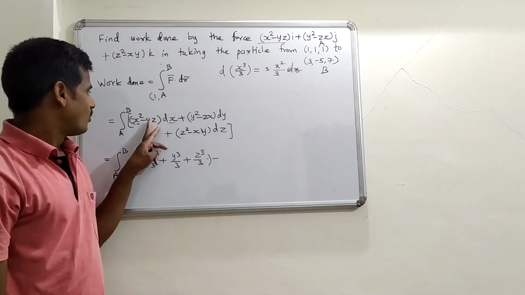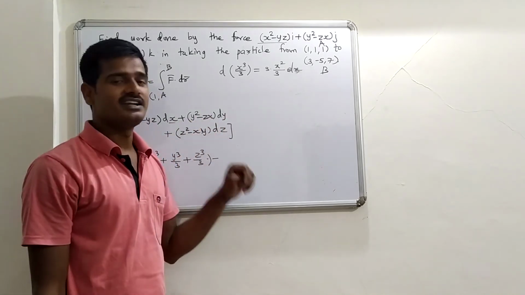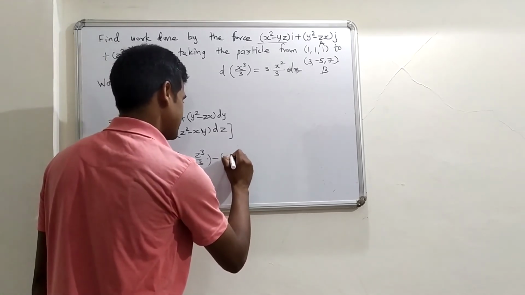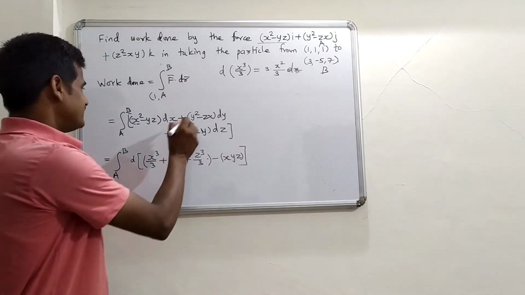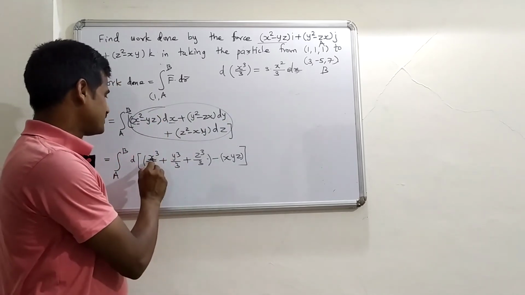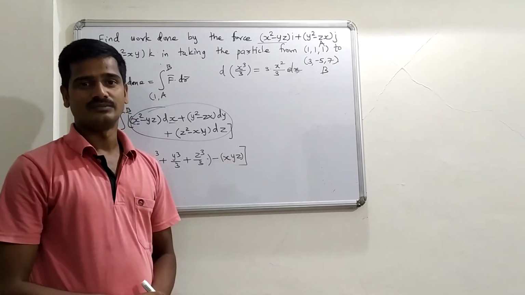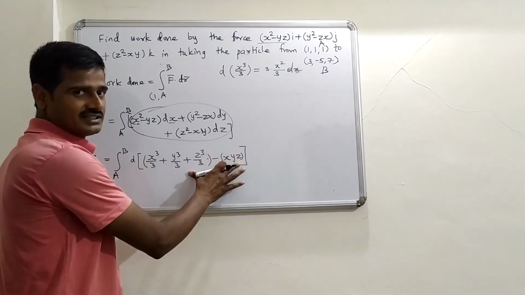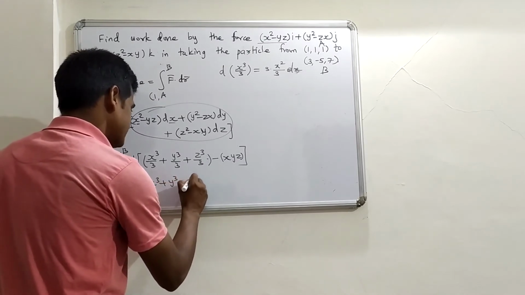Then minus yz dx minus zx dy minus xy dz is the total derivative of xyz. So I will write here xyz, close the bracket. Therefore this expression is the total derivative of (x³ + y³ + z³)/3 − xyz. So the integral from A to B becomes (x³ + y³ + z³)/3 − xyz.